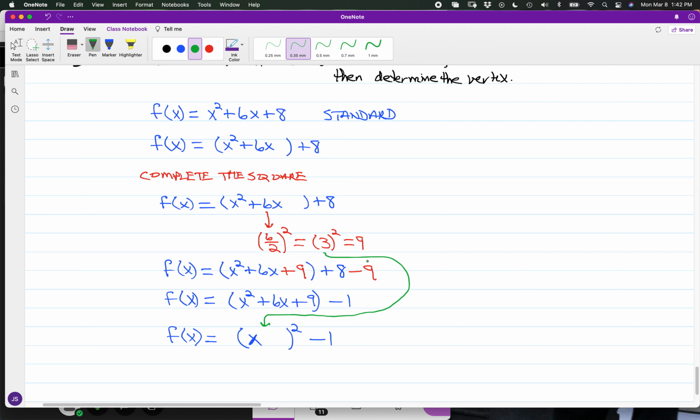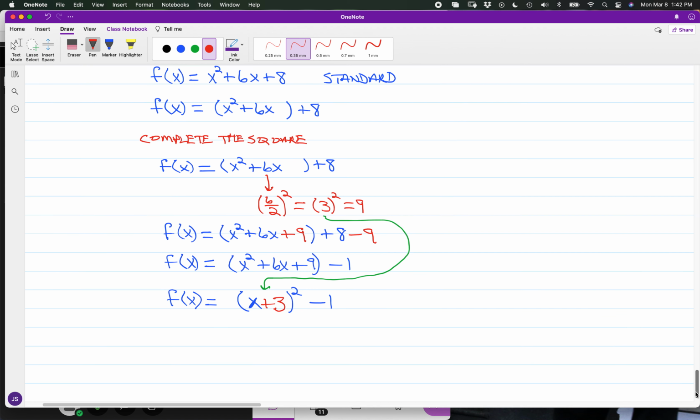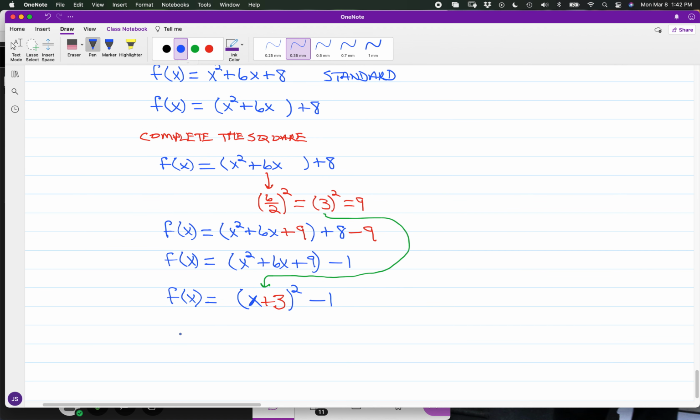So I squared 3, and guess what? I have f of x is equal to the square of x plus 3, minus 1. And that is going to be the vertex form.